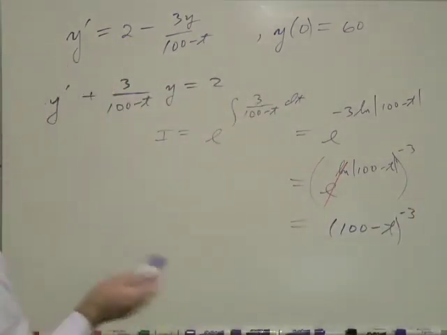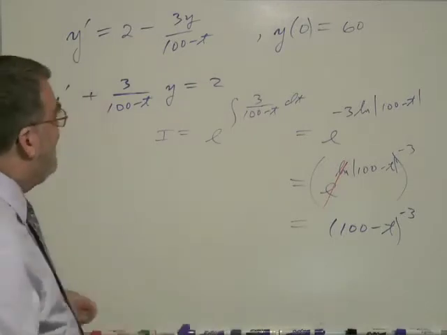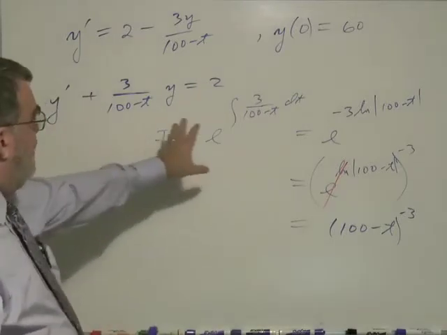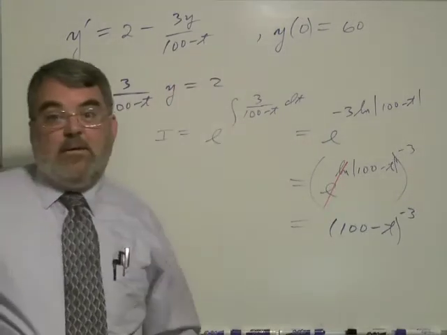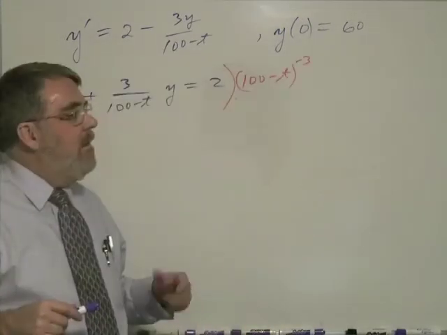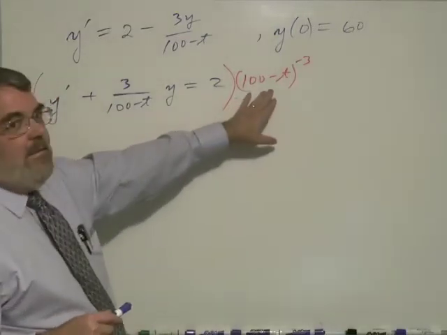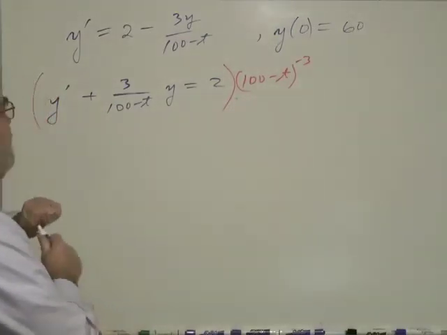So now what was that? That was our integrating factor, wasn't it? So I'm going to do a little erasing and multiply this equation by the integrating factor. So here's our equation. That's the integrating factor we multiply by.